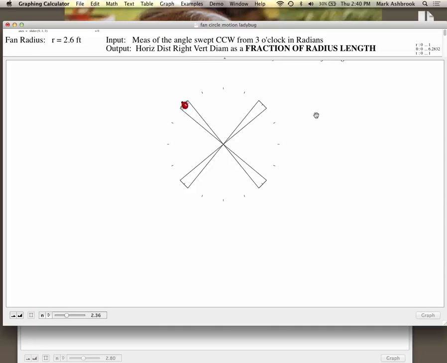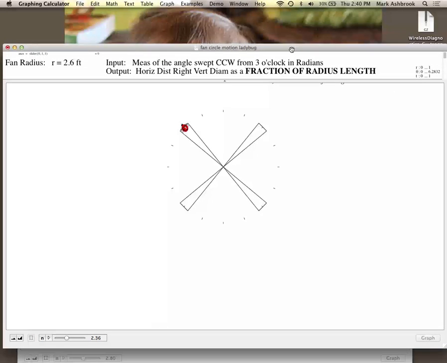Is it on the screen? How about now? Input: measure the angle, counterclockwise from 3 o'clock. Output: the vertical distance above the horizontal diameter as a fraction of the radius length.